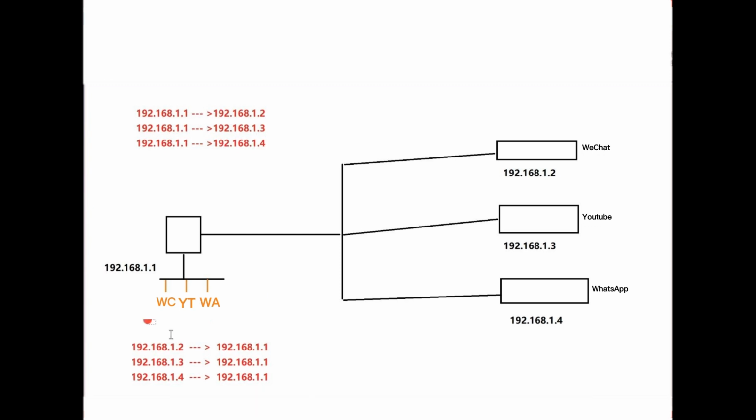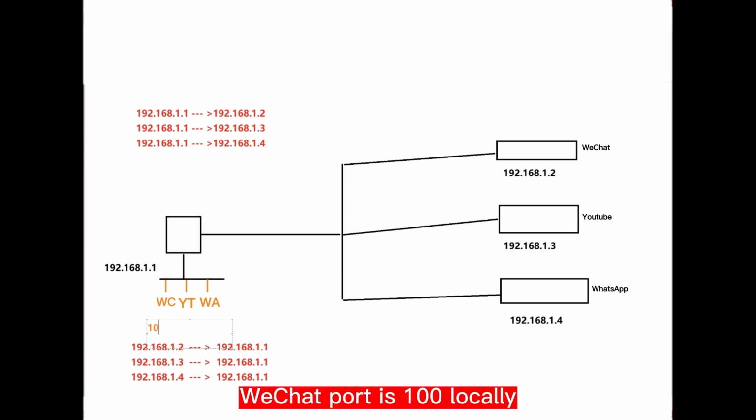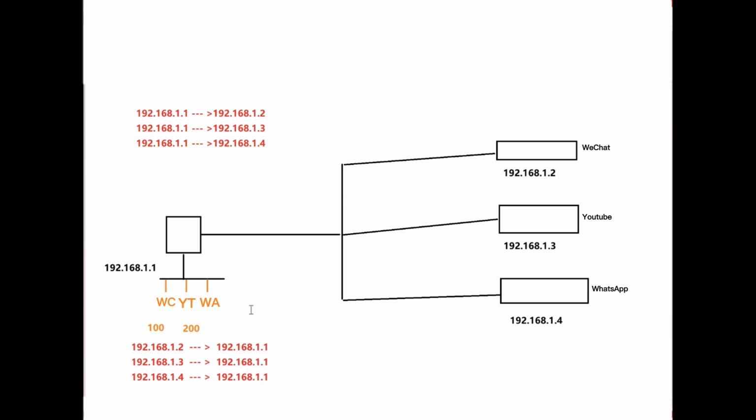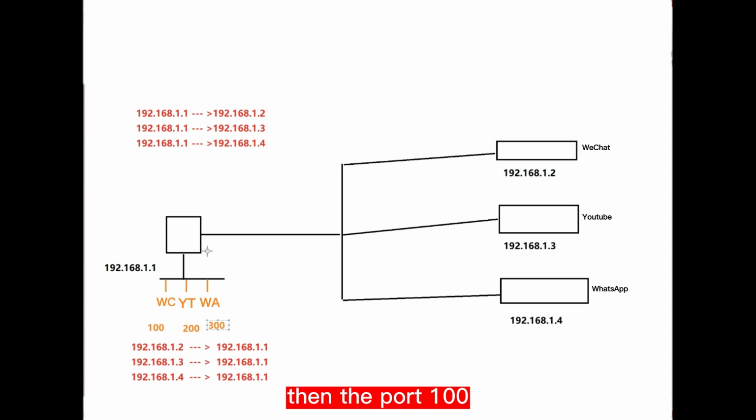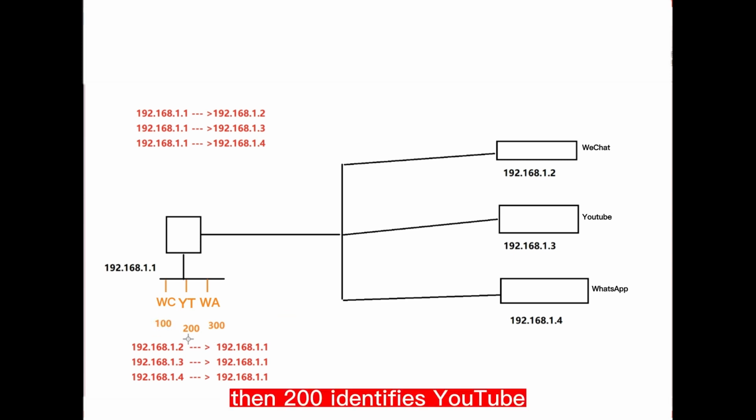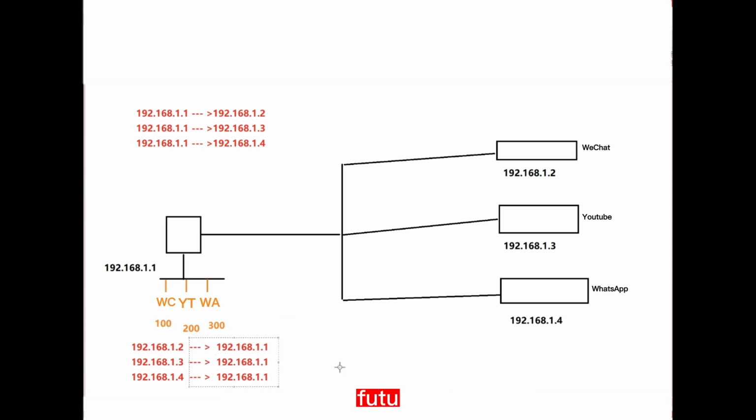For example, the WeChat port is 100 locally and the YouTube port is 200 locally. Of course, in real communication these ports are not available, and they cannot be used casually. Then port 100 on the PC identifies the WeChat app, and 200 identifies YouTube.